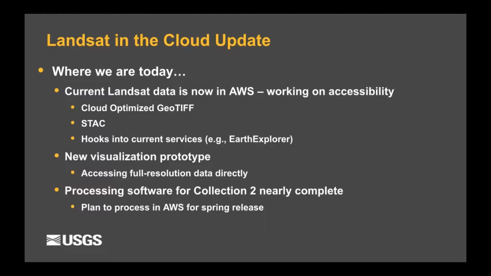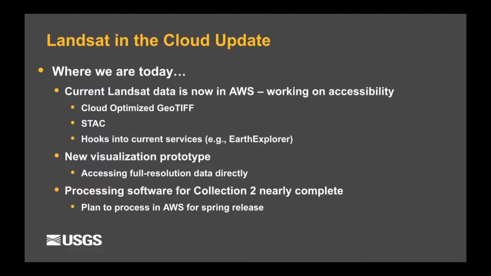STAC is another thing that came up a little bit later. One of the reasons we decided to go down that path is because we are creating an interface where we want the data to be interacted with. We needed something that gives users an open source capability to really interact with that data and find the data. Landsat has 9 million images or scenes available at this point, and it's growing.